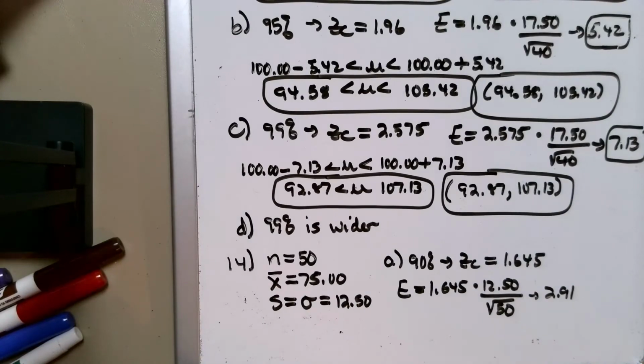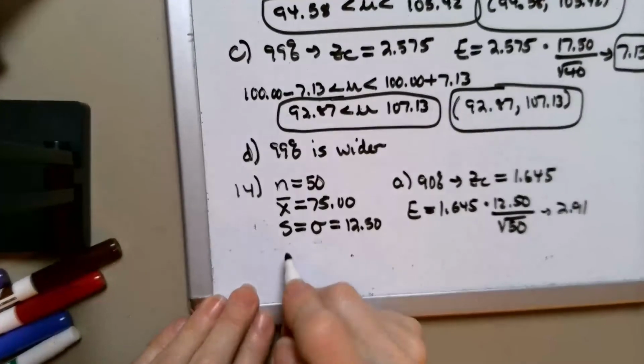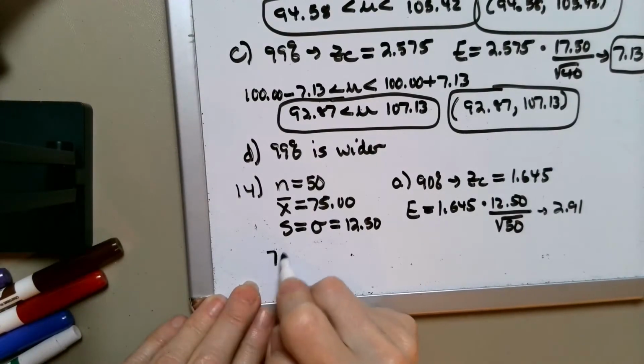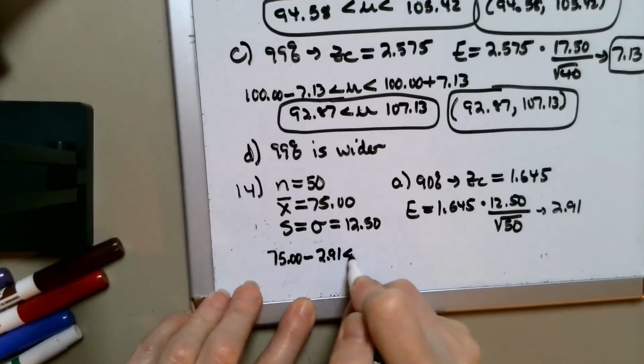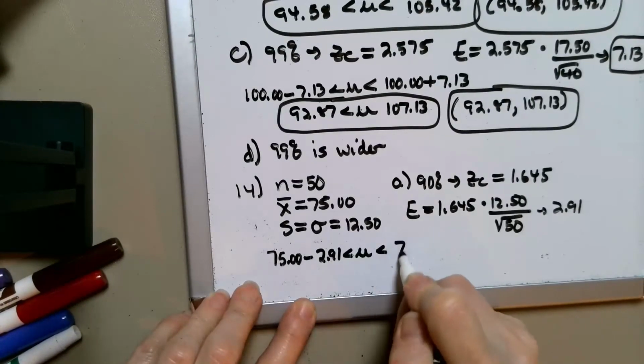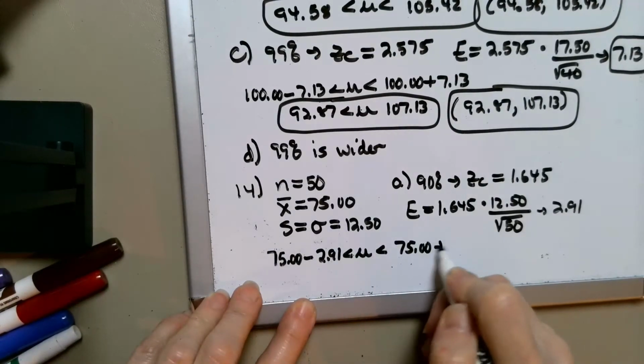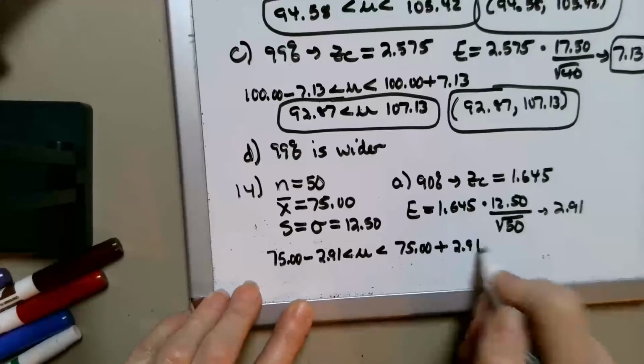So going to the confidence interval formula, we're going to take X bar, which was $75, minus E, the margin of error, 2.91, less than mu, less than X bar, $75, plus E, 2.91.